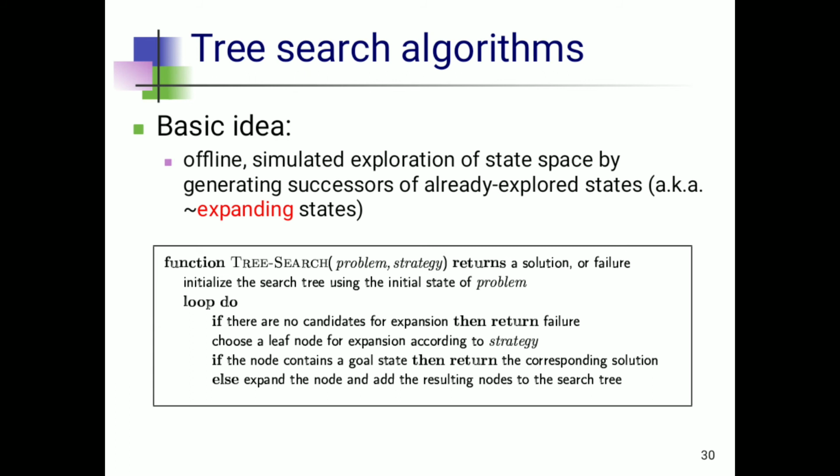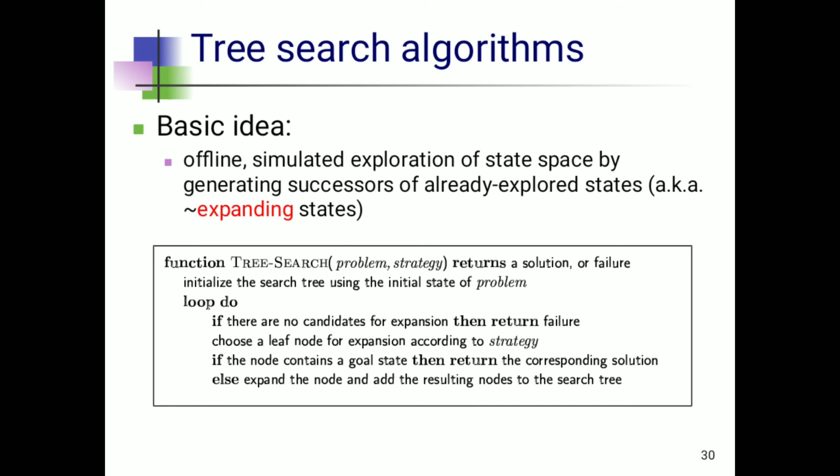If there is no node for expansion, we return a failure message. Choose a leaf node for expansion according to the strategy. Every time we choose a leaf node and expand it according to the strategy decided for that particular problem.